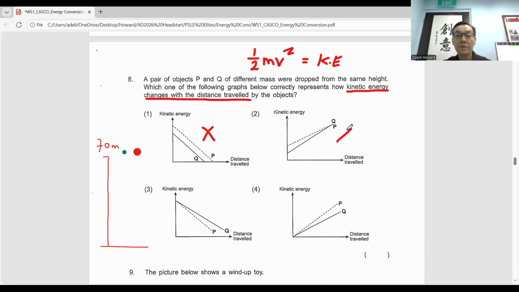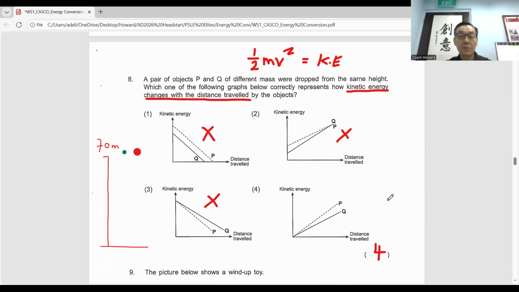This one also not from zero, it is moving. This one also not from zero. So the only possibility is this. But just to double check, that means they start from zero speed and zero kinetic energy. Because one is bigger than the other, P we can deduce is the heavier mass because it achieves greater kinetic energy. So the answer is 4.